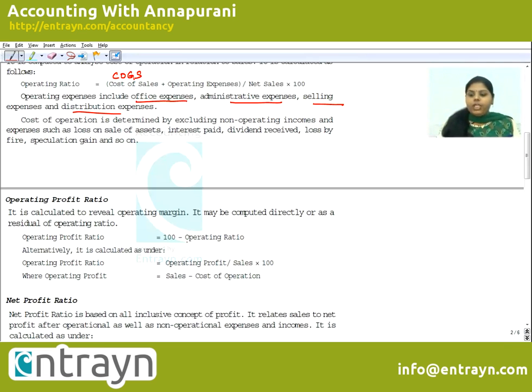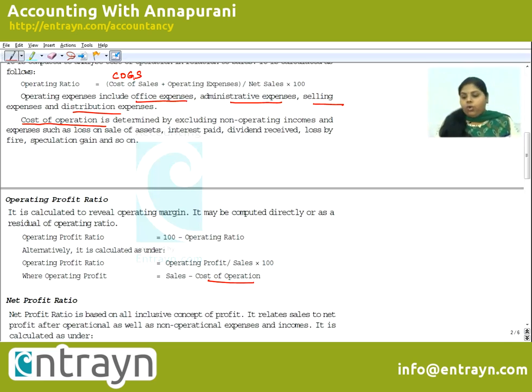Operating profit ratio is equal to 100 minus operating ratio, or operating profit by net sales into 100, where operating profit is equal to sales minus cost of operation. Now, how will you find out the cost of operation? Operating expenses minus non-operating income will give you cost of operations.